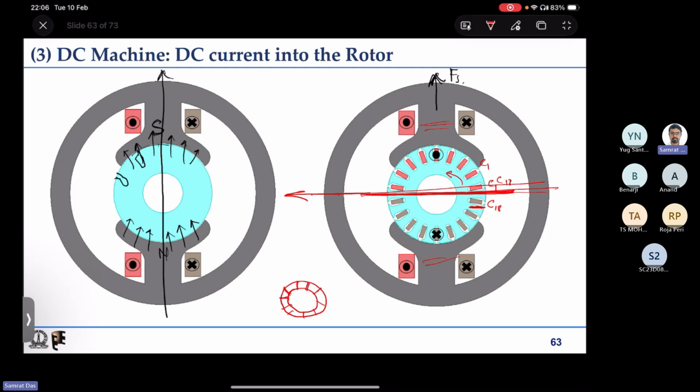So all the coil terminals are basically coming and getting connected to one or more of the segments. Now the coils are rotating, and this commutator ring is also rotating, so everything is rotating here. This is a mechanically stable thing, so no problem.